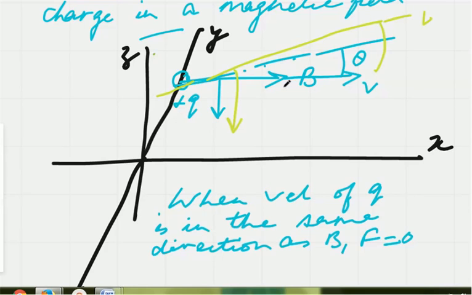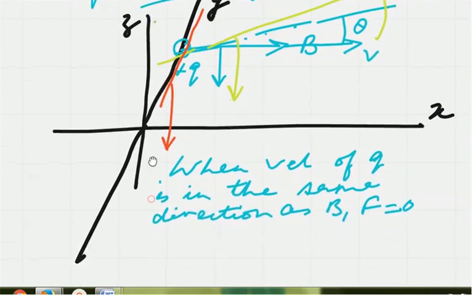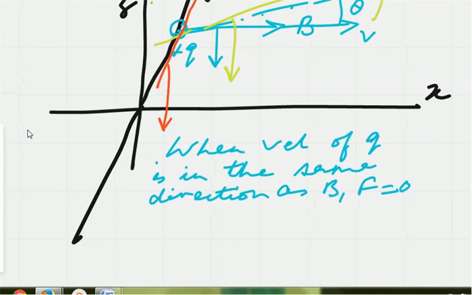Finally, when the charge is moving perpendicular to the magnetic field, along the y-axis, the force on the charge is the maximum. This means that force increases as theta increases.